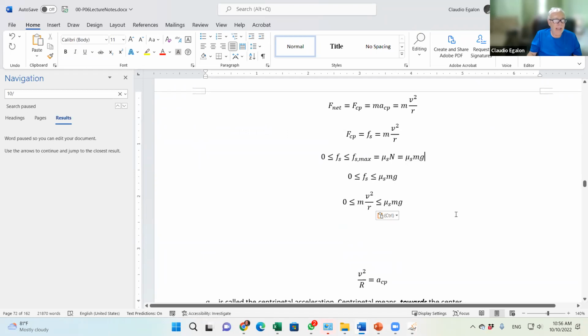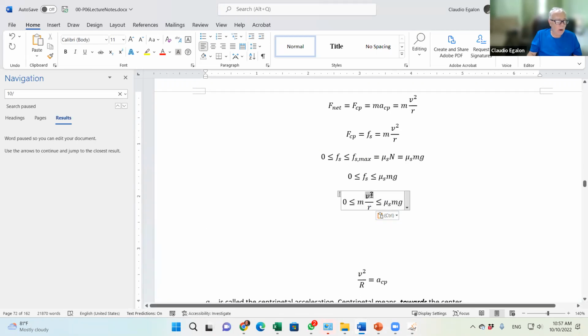And note that this value can take any value between 0 and this maximum value. If the mass is constant and the radius is constant, what does it mean?